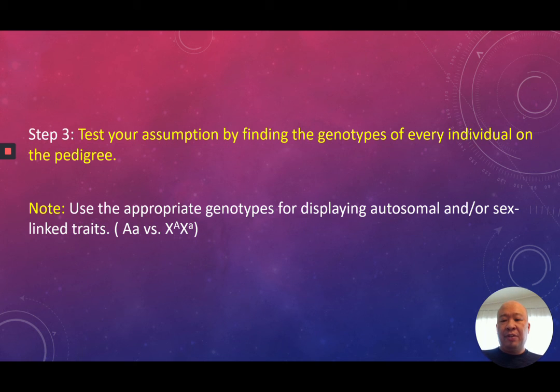So in this example here, it's X big A, X small a. So in the next couple of videos, I'm going to go through each of the pedigrees because they represent each type of inheritance pattern, and I'll show you the thinking process in terms of how we test our assumptions.